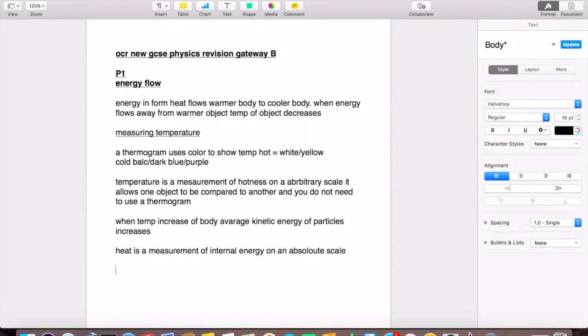Specific heat capacity is the next section. All substances have a property called specific heat capacity. It is the energy needed to raise the temperature of 1 kilogram by 1 Celsius. This is the definition.